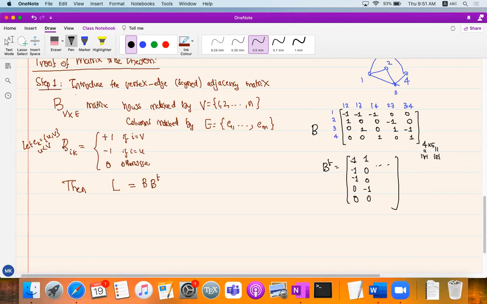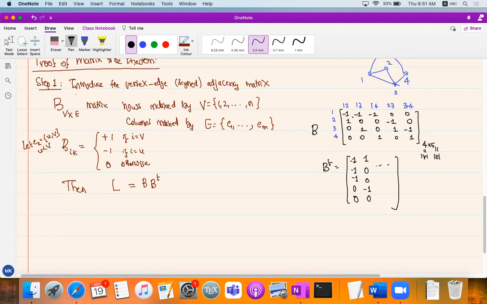You get -1 into -1, and so on. So the 1, 1 entry of BB transpose is the number of nonzero entries, namely how many edges vertex 1 is part of, which is exactly the degree of 1. And that's what L11 is supposed to be, the degree of the vertex 1.